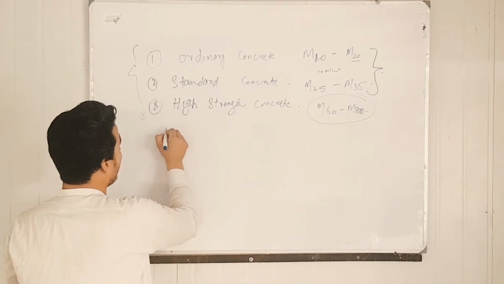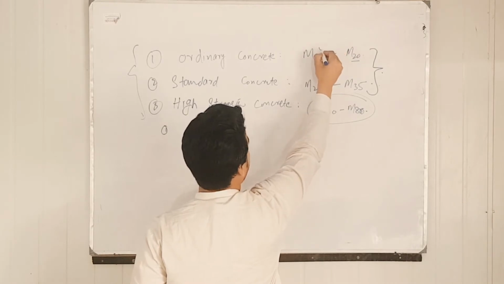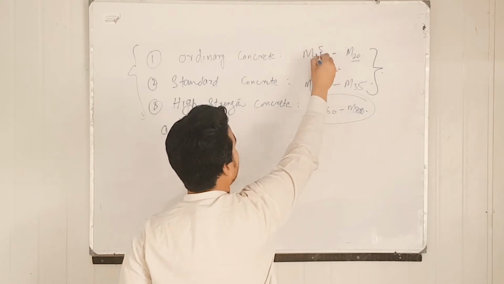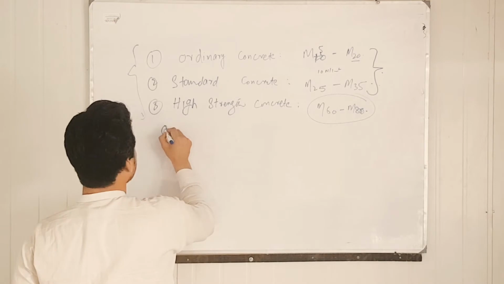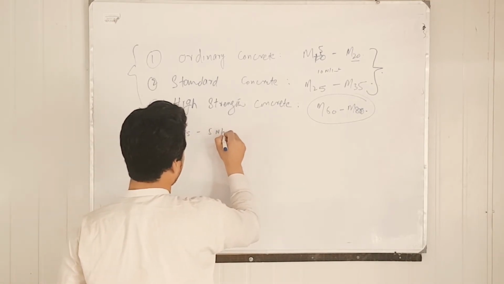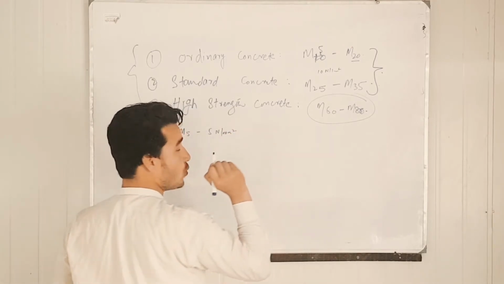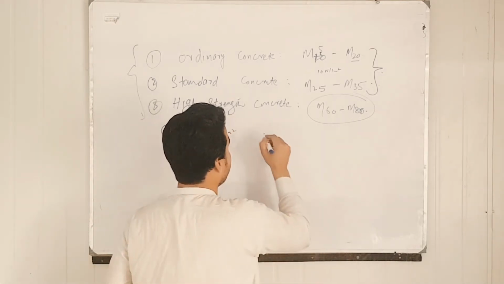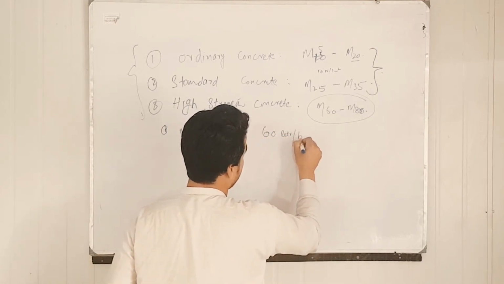Okay, so the point number first, this is actually not M10, this is you can say M5. Okay, but this is not normally used. This is PCC, which we do not consider in our construction works. So the number first is M5, where the strength is 5 Newton per millimeter square, and the quantity of water required per bag of cement is 60 liters per bag.